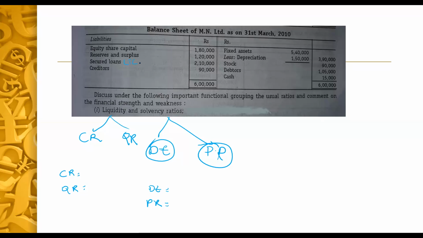What about bank overdraft? Long-term or short-term? Bank overdraft is a short-term loan actually. It will be paid within 1 to 6 months or 9 months. What about credit card loans? Short time.